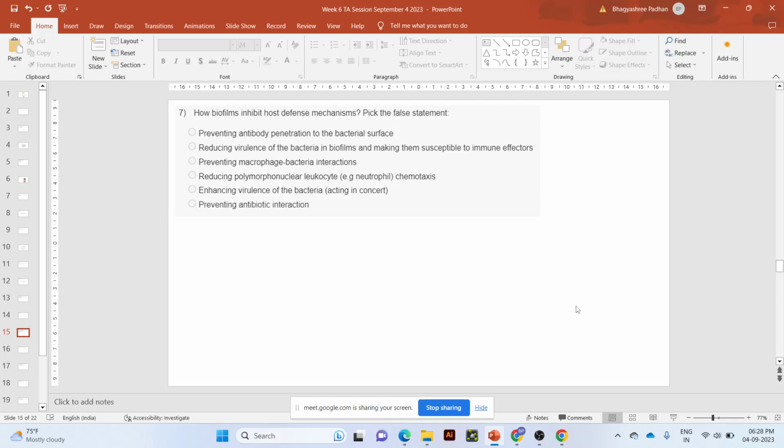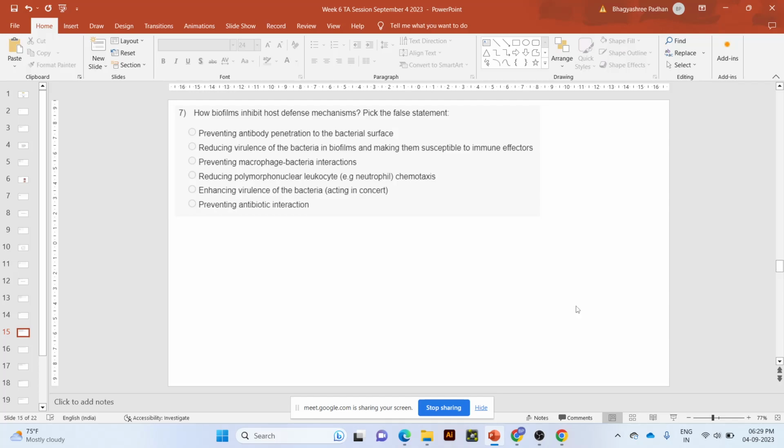Anyone else would like to answer? How do biofilms inhibit host defense mechanisms? And which is the false statement here? Okay, so the second option is the correct option: reducing virulence of the bacteria in biofilms and making them susceptible to immune effectors.